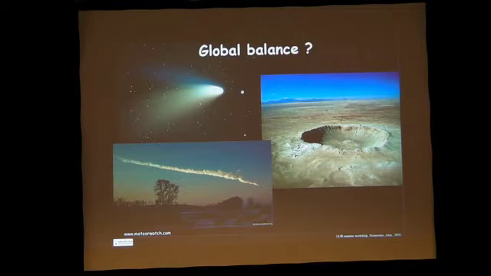But we also gain matter, actually. Accretion processes, various accretion processes, include dust, comets, and perhaps on a global time scale, large impacts, here illustrated by a crater, a comet, and some dust.